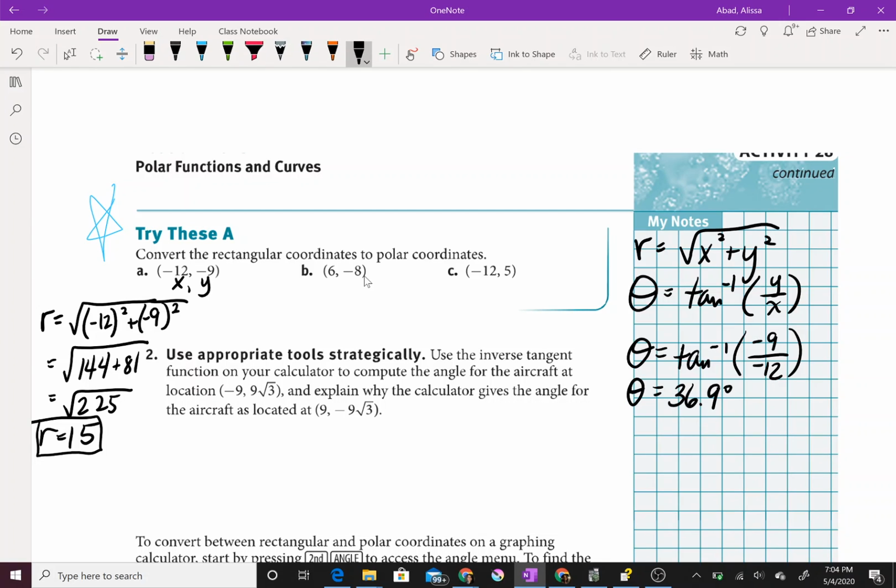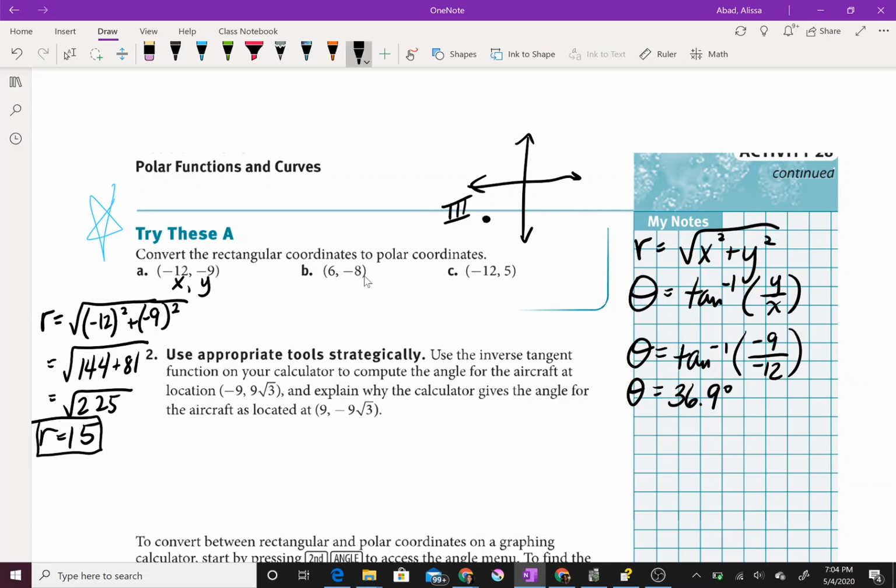And actually, we are not done with that. The reason is because we have to think about where exactly -12, -9 is located on the xy plane. So -12, -9 is in the third quadrant over here. It doesn't have to be exact, but it's going to be in quadrant 3.